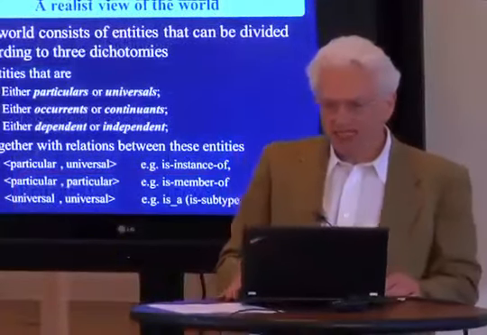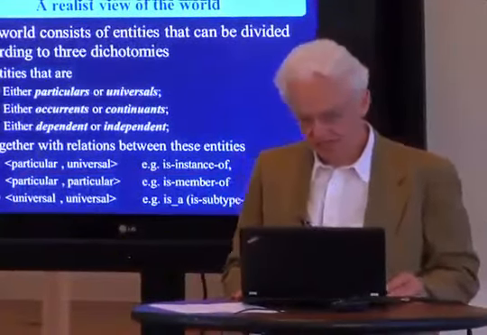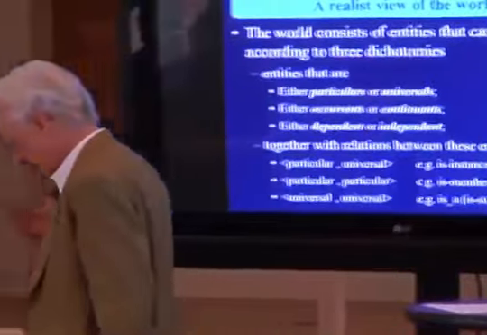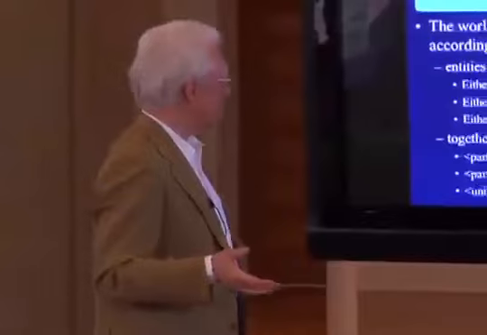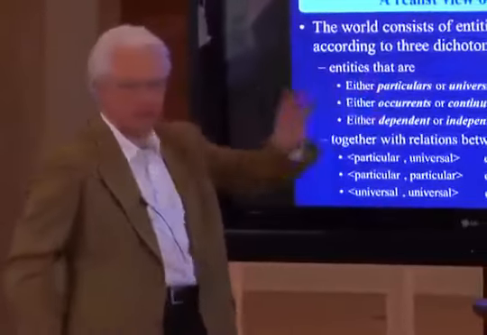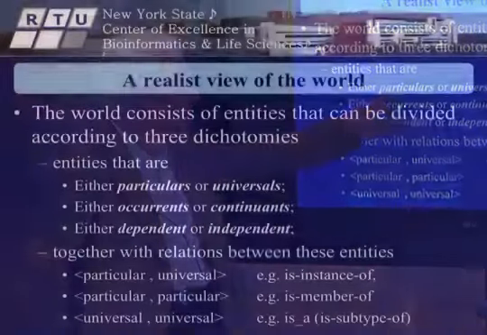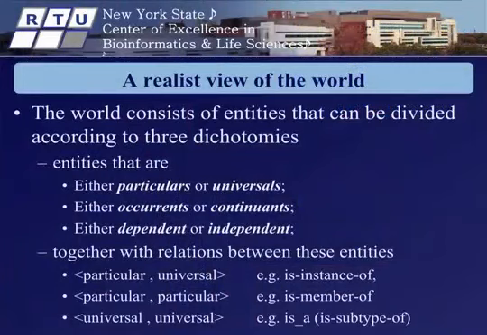So we're going to take a realist view of the world, and so we actually see the world as being such that there are particulars and universals in it. So there may be other kinds of entities, but there are certainly particulars, and it's the one basic assumption of the ontology approach that I'm defending, that there are also universals in reality. And then there are occurrents and continuants.